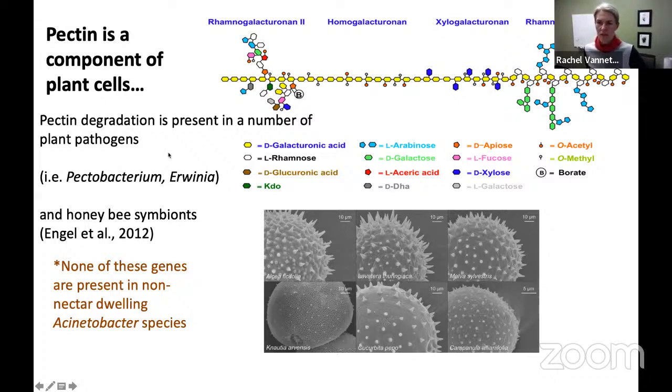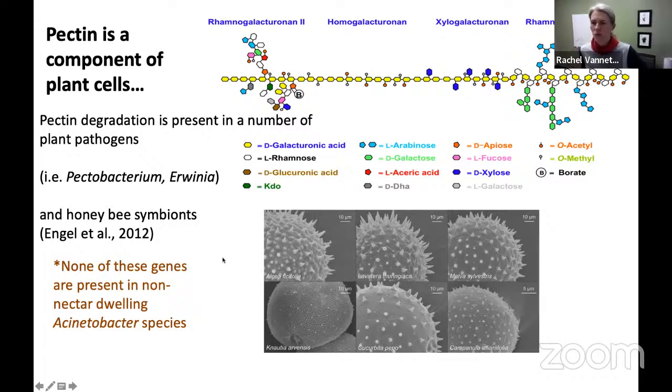These are known plant pathogens that can basically invade plant cells and degrade them using these enzymes. But honeybee symbionts are also known to contain these genes. And notably, none of these genes are present in the non-nectar dwelling Acinetobacter species, suggesting a novel acquisition of this gene repertoire.